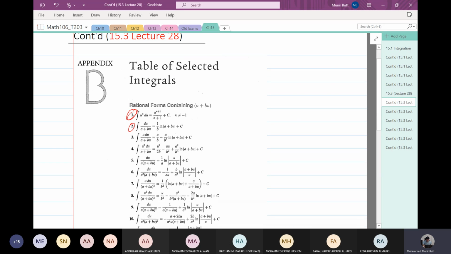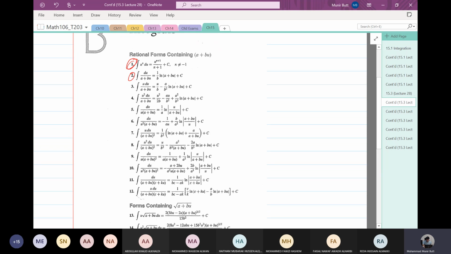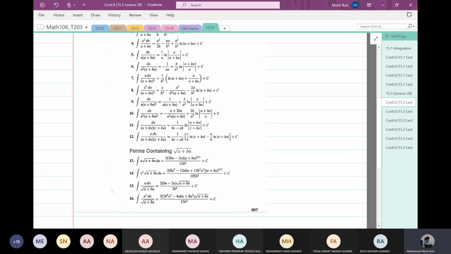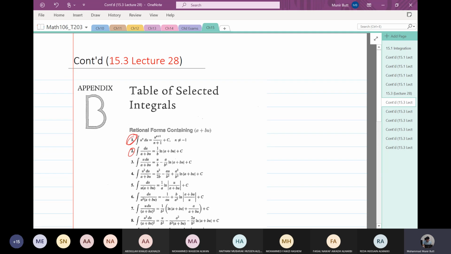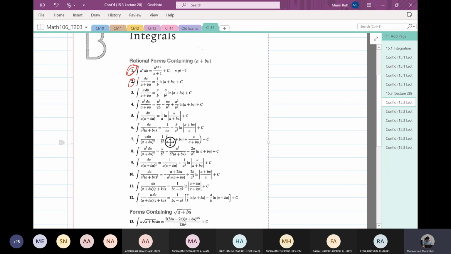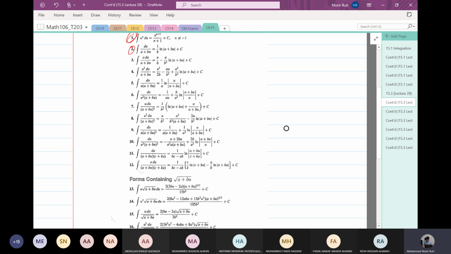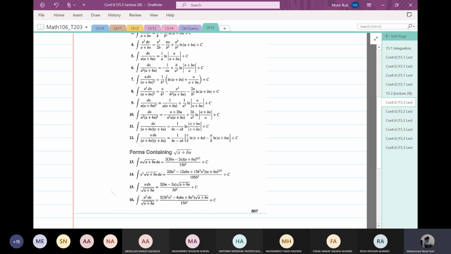You can see the formula, power rule and just 1 by 2. This is all the list of integration formulas. You can also see the other formulas in the book, but you have the book, I think, so no need to make a copy. Whenever you have a problem, you can see the book and the formulas and other formulas also.